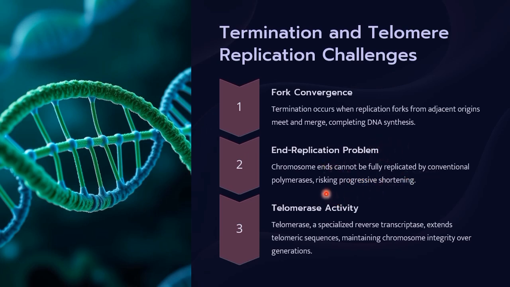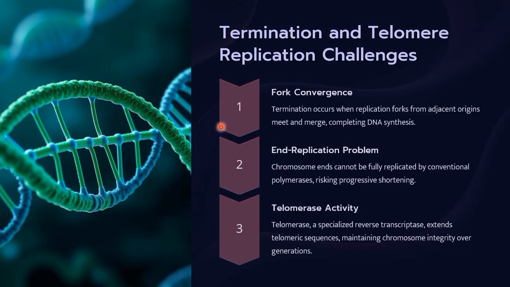And the solution for the end replication problem is telomerase activity. Telomerase is a specialized reverse transcriptase which extends the telomeric sequences, maintaining chromosome integrity over generations. Now we'll discuss each major subpoint in detail.